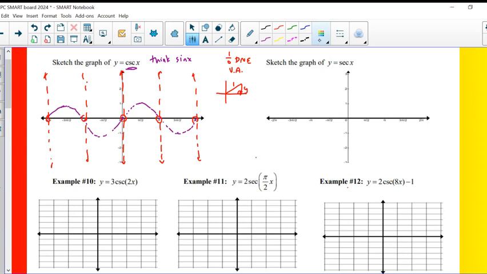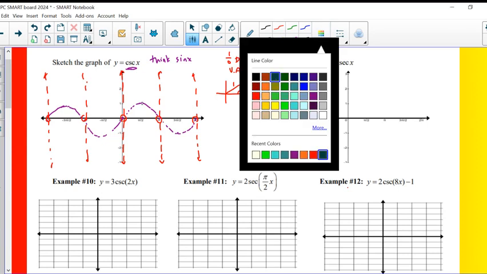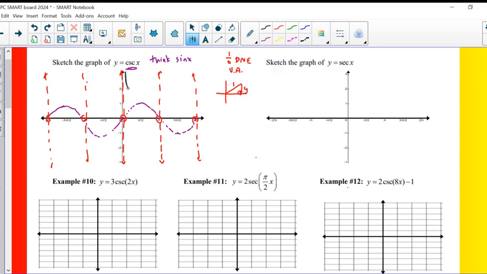So we get these flipped over branches. They look like U's that are bounded by vertical asymptotes. So this green peak and valley, so to speak, that's really the graph of this cosecant function. The asymptotes obviously serve as boundaries. And I kind of like how the sine wave sort of dances in between those branches.